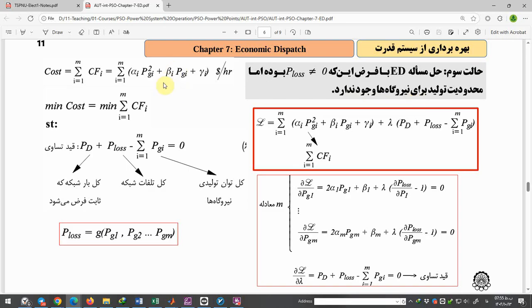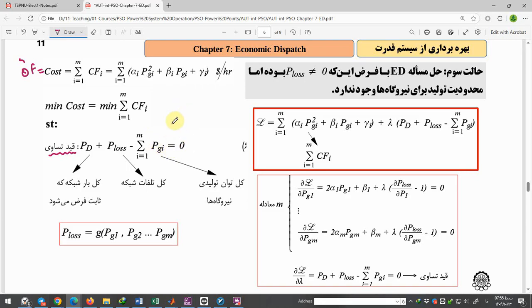In this scenario, the cost function, or OF, is sigma CFi, dollar per hour, and we want to minimize the sigma of cost functions with the equivalent constraint: PD plus P loss minus sigma of the active power production of each generator should be 0.